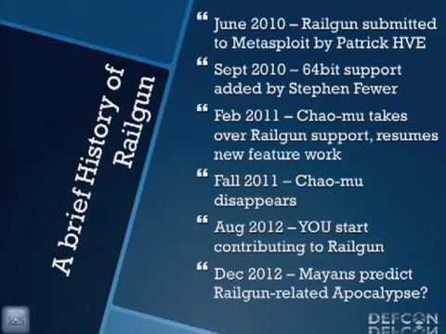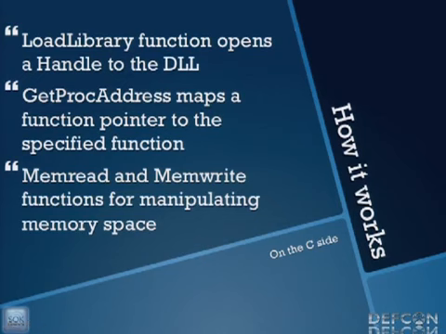From there, GetProcAddress takes that handle and a function name and returns you a function pointer that you can then use to basically alias any function out of that module. There are some additional utility functions like some generic memory read and write functions. So as we return some of the data, we then read the return right out of memory. It can get a little hairy, but I'll show you what some of that looks like in the demo.